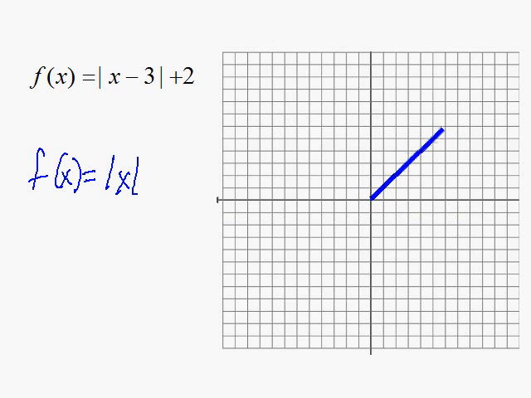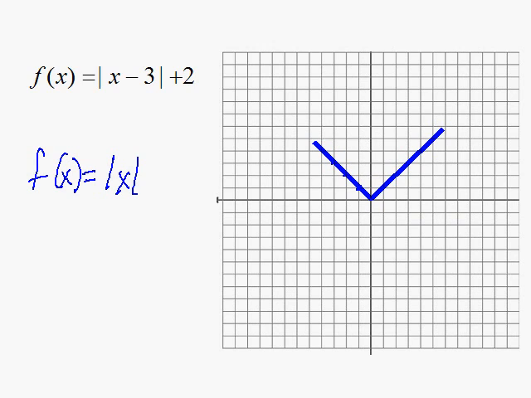On the other side, when x is negative 1, the absolute value is 1. When x is minus 2, the absolute value is 2. When x is negative 3, the absolute value is 3. So on this side, there you go. Yeah. That is f of x.